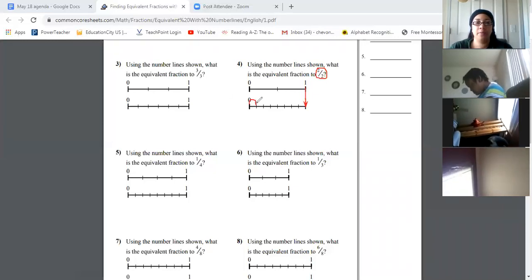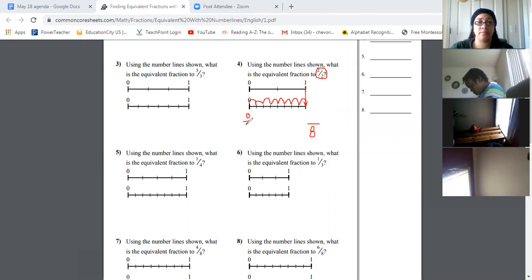So we had 1, 2, 3, 4, 5, 6, 7, and 8, which means our denominator, or our bottom number, is going to be 8. Okay. So this first one is 0 over 8.